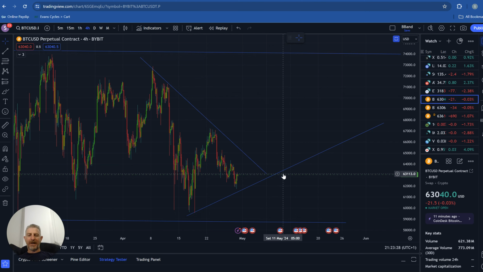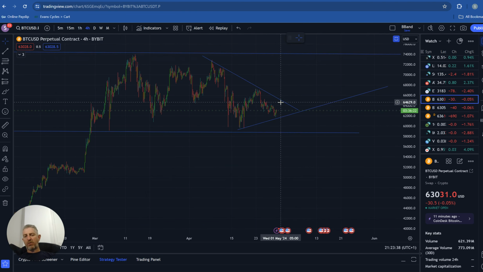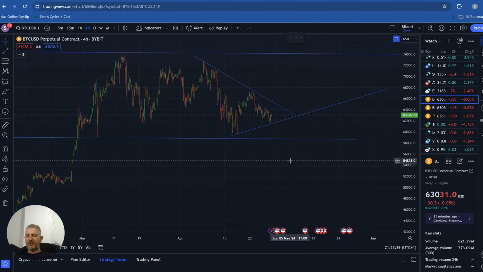Bitcoin has snuck down under my 62.5 area, but it quite quickly reclaimed it again. So I think the bears on the lower time frame still have the upper hand, but I think a range play is still in order while Bitcoin is above this here low.